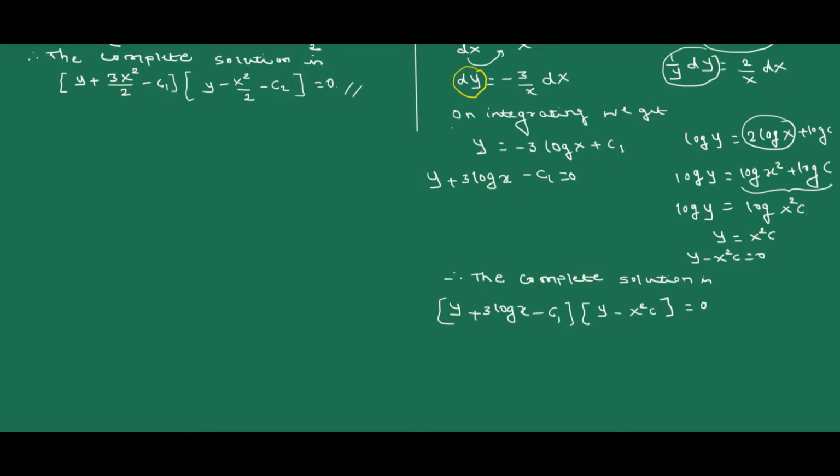Or here we can also write it as logarithm of c2, and you can write x square c is equal to 0, or x square c2 is also equal to 0.